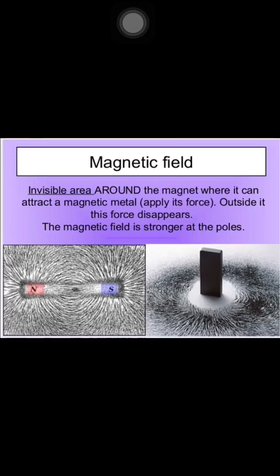In simple words, a magnet has a space around it where magnetic material, like iron, cobalt, nickel, and material made up of iron, cobalt and nickel, feel a special force, and we say that there is a magnetic field around the magnet.